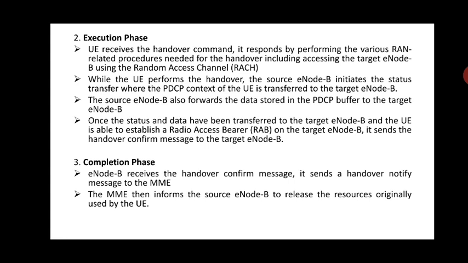Once the channel has been provided and the data packets are also transferred, it will enter into the completion phase. In the completion phase, the E node B receives the handover confirm message and sends the handover notify message to the MME.